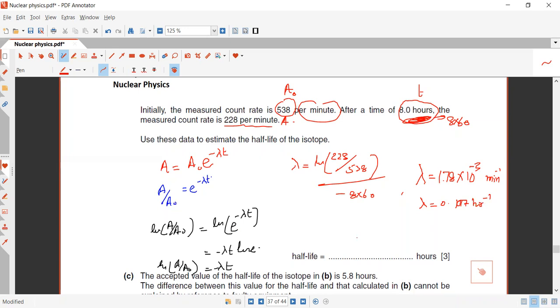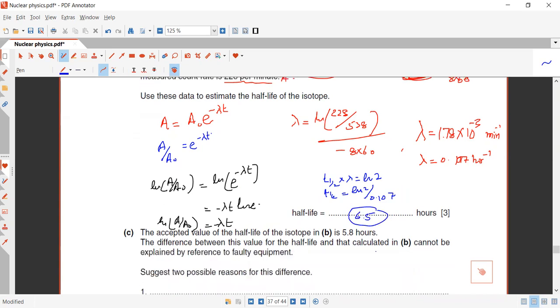Now we know the formula for the half-life: half-life times lambda equals natural log 2. So the half-life is going to be natural log of 2 divided by lambda, which is 0.107. Let's do it. This is 6.5 hours.